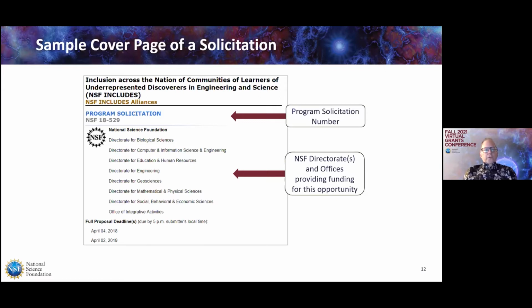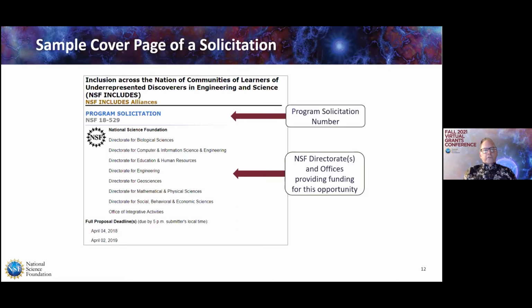First of all, Nigamanth had mentioned that the PAPG is usually updated every year, and the current one is 22-1, for proposals that are submitted after October 4th or have deadlines after October 4th of the current, upcoming fiscal year.